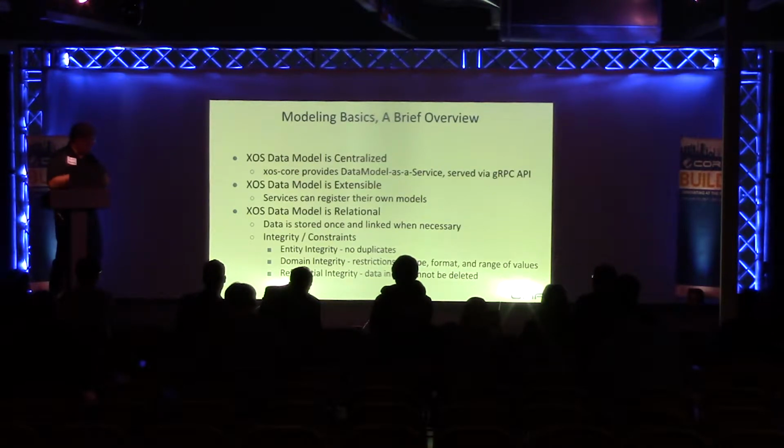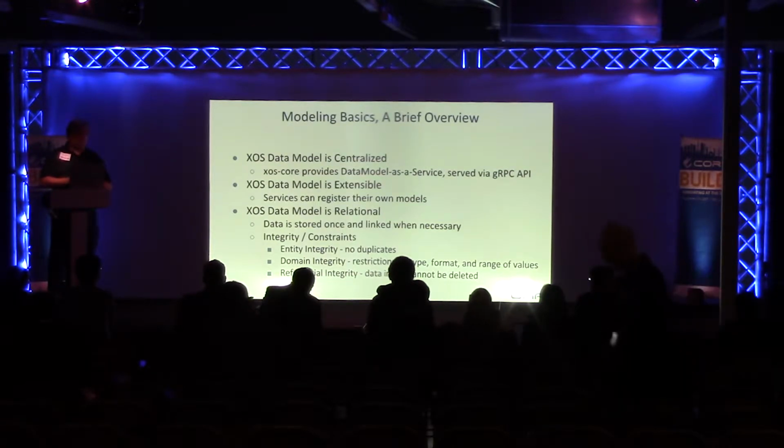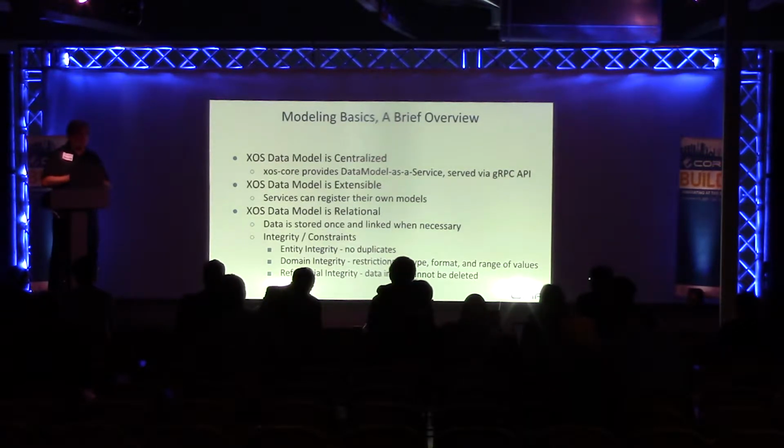So you would submit your data model specification to the core, and the core is going to handle setting up a database like MySQL or Postgres. You really don't need to know how the core does its job, just that it provides this service for you. The data model is extensible, so services can register their own models. Those models will be available for your use as well as for other services to use those models.